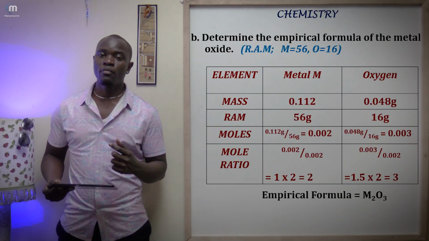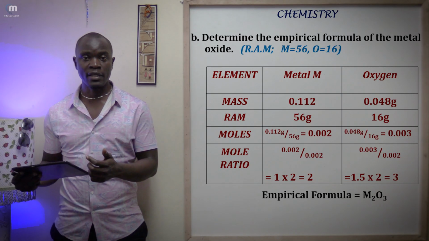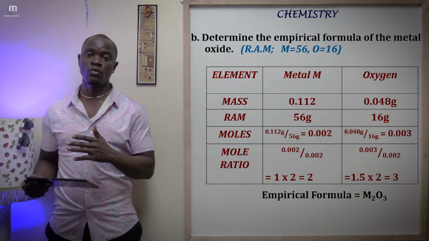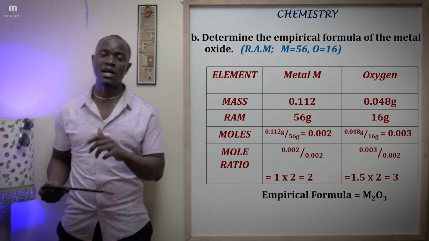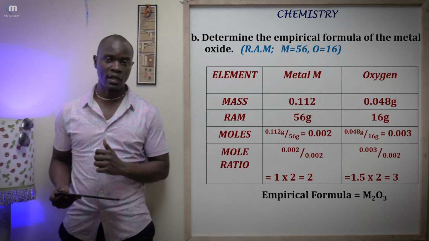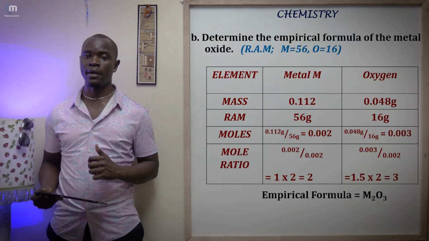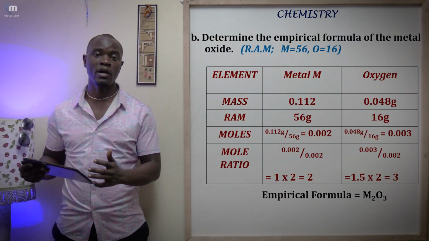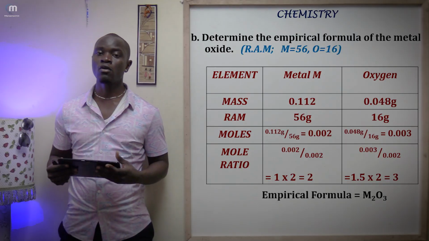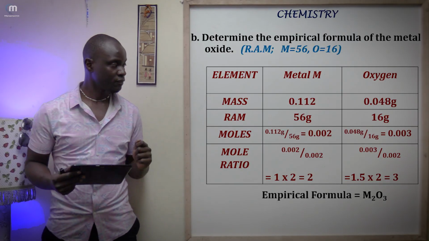For the empirical formula, the next step after the elements is always the mass. We write the masses that you have been given. Remember, we calculated the mass of metal M and found that it was 0.112 grams. That is the mass you're going to use here, 0.112 grams.